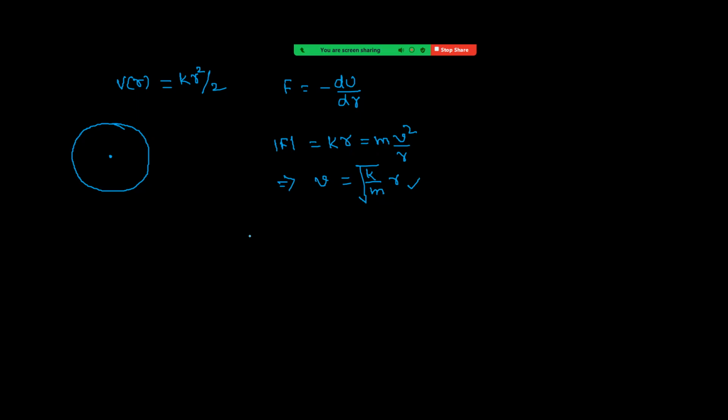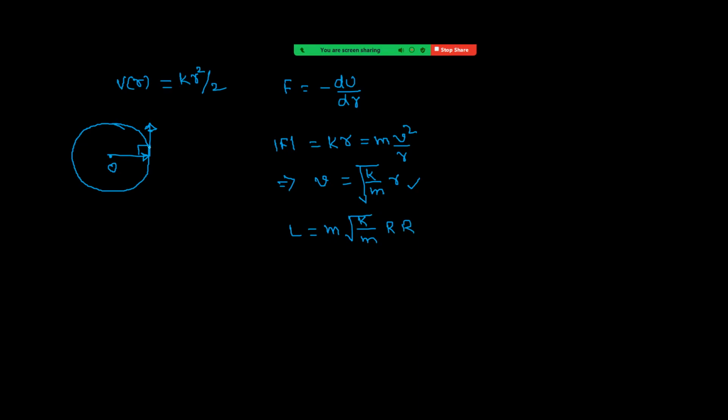Next, calculation of angular momentum about center of circle, right? So L equal to m into v value, root k by m, into r. m into v into r, because this is r bar and p bar is along the tangent. The angle between these two is now 90. So we are taking actually r bar cross p bar, and between those two the angle is 90.